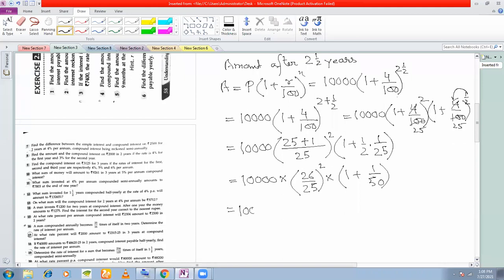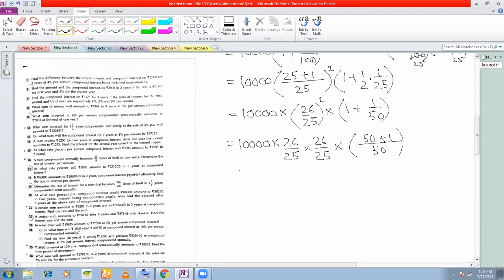So this is 10,000 into 26 by 25 into 26 by 25 into 50 plus 1. Take the LCM. Now if you want, you can cancel here, or you can cancel later on. Better cancel later after simplification.